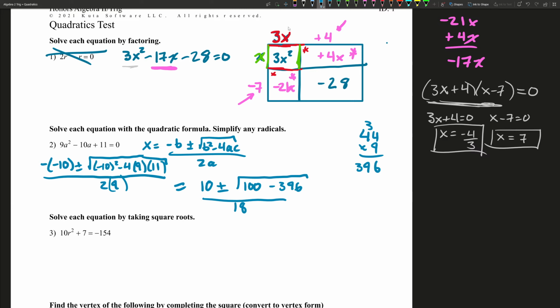And then when we do this, we get 10 plus or minus the square root of negative 296 over 18. And then we have to factor this negative 296.